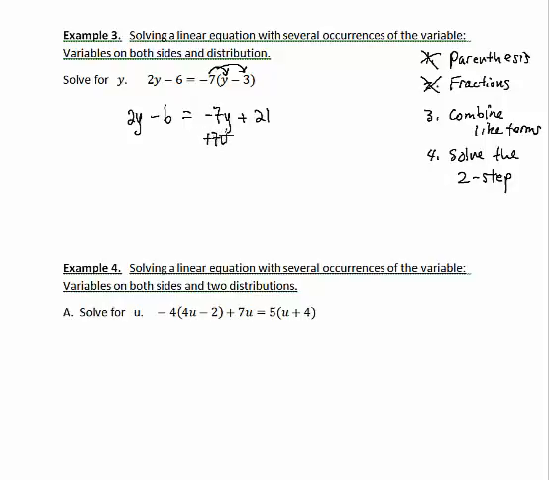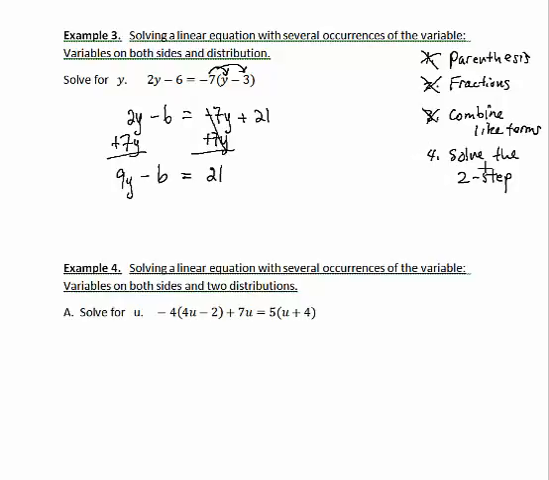So if I move the 7y, then I have to say plus 7y, because it's -7 on the right side. So if I add 7y on both sides, the y term cancels on the right, leaving only a 21, and then the terms are combined. So 2 plus 7 is 9. Bring down -6.